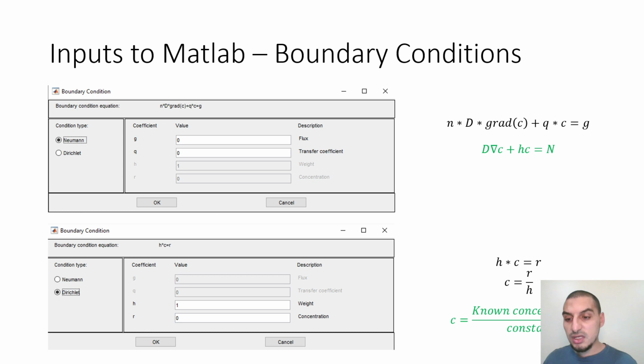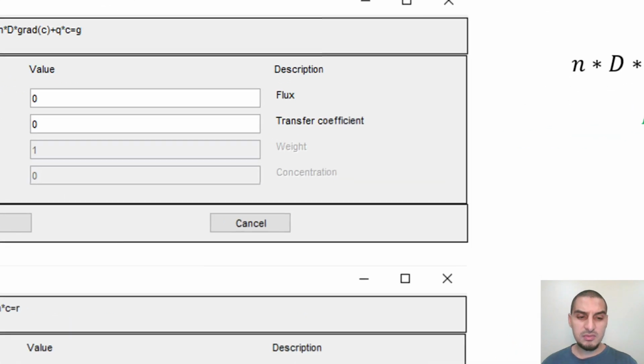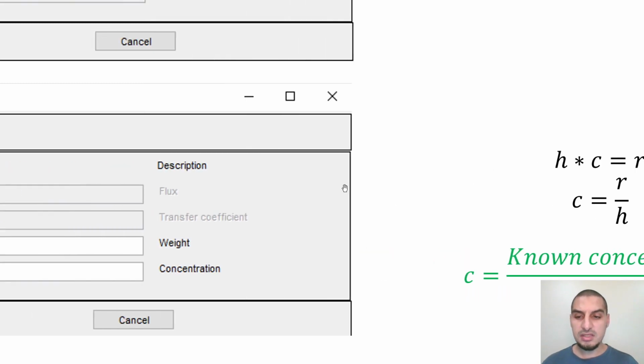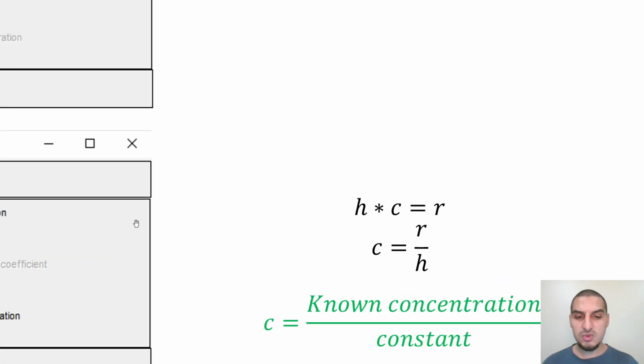The last boundary condition here is called Dirichlet, I think, I don't know if I'm pronouncing it right. It says h multiplied by c equals r, and it took me some time to understand what it means, but after some trials and experiments, I was able to figure out that this is giving you concentration as r divided by h. It says here r is concentration and h is weight.